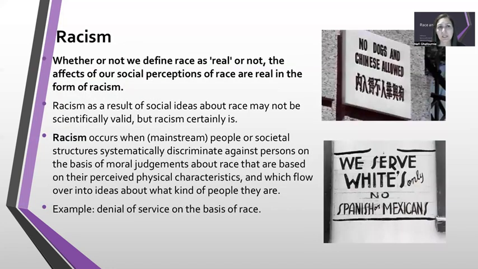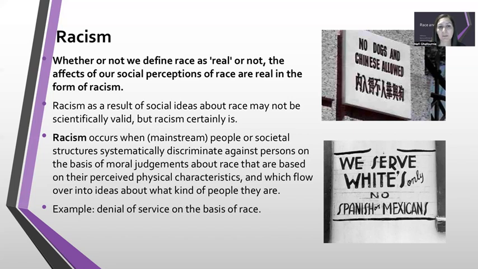So we know that whether we define race as real or not, racism is real and it's happening everywhere, and especially we're talking here about Australia. Racism as a result of social ideas about race may not be scientifically valid, there may not be any scientific basis for race, but racism certainly is a valid concept.